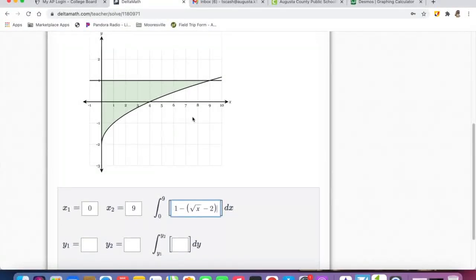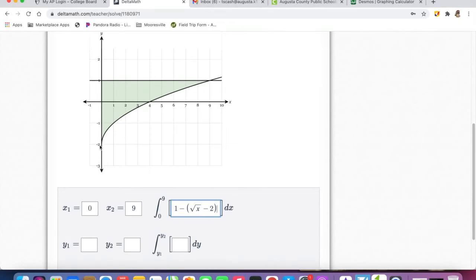Now we have to think about, what about the ones in terms of y? Okay, so in terms of y, our top function would be this function right here, and our bottom function would be this function right here. So it'll be this function minus 0, because that's the x equals 0 line.